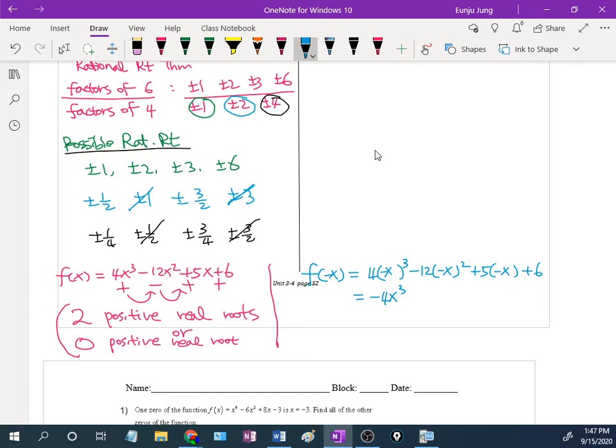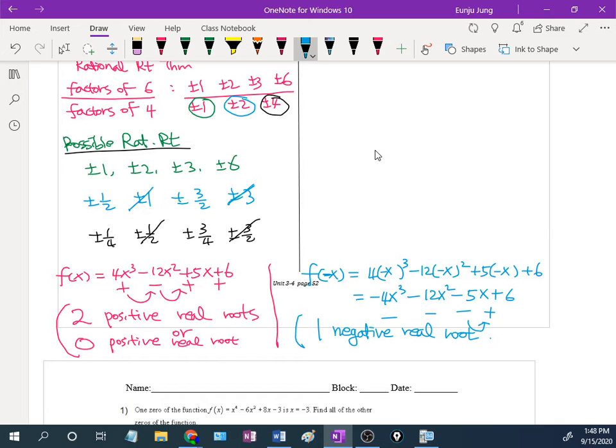Then the second term is positive, then plus times minus is minus here again, and plus times minus is minus, and plus 6. So let's check sign changes. How many changes do we have? Only once. That means we will have one negative root, because I used negative x in the expression. One negative real root is possible. So this is the number of positive and negative roots from Descartes' rule of signs.